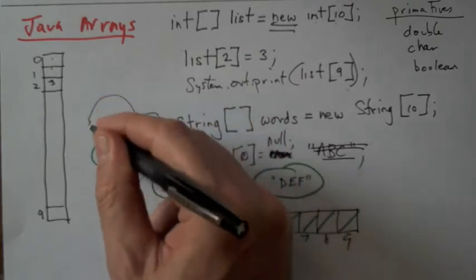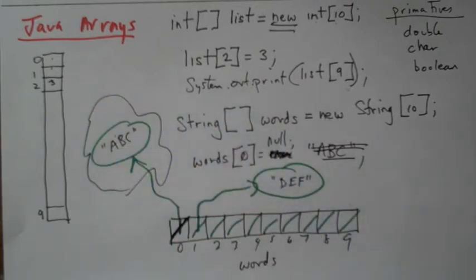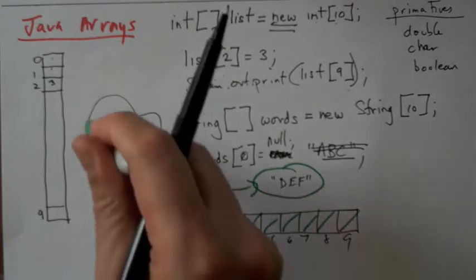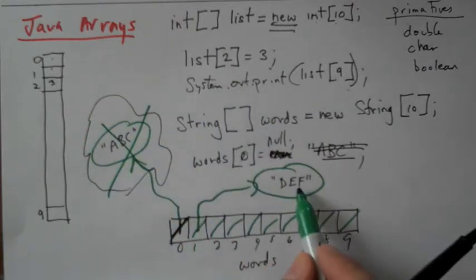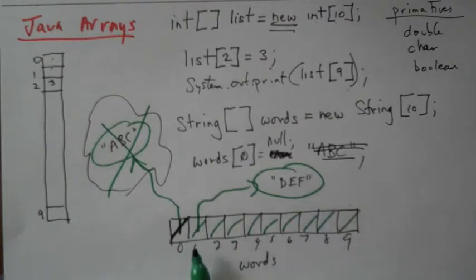That becomes dereferenced. The garbage collector would come in and eventually get rid of it. And that reference to the DEF string would not slide down. It would stay right where it is. Right? So for some purposes, that's exactly what we want it to do.